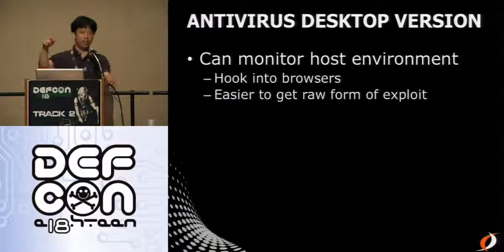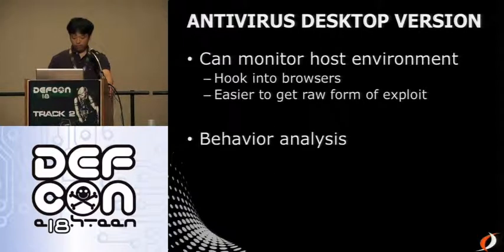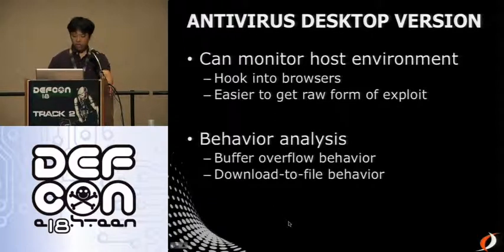If you hook deep into the IE JavaScript engine, and as soon as you create a new variable with a raw form of shellcode, then I can say, boom, you're an exploit. And they can also do behavior analysis, for example, buffer overflow behavior or download to file behavior, which makes detection a lot easier.